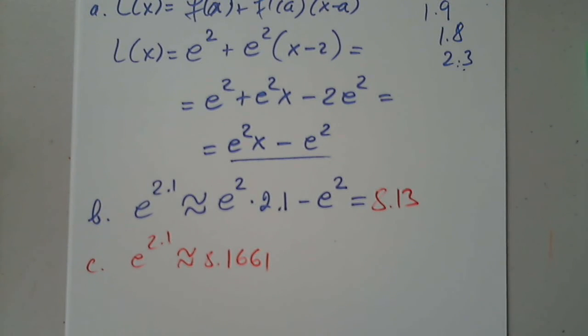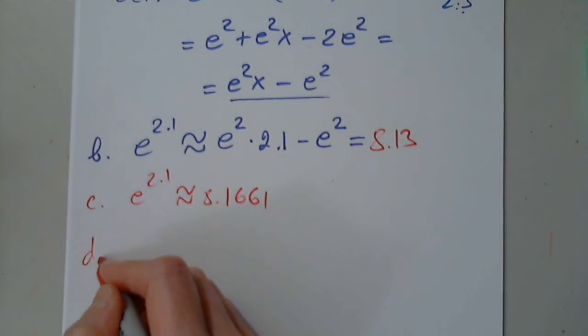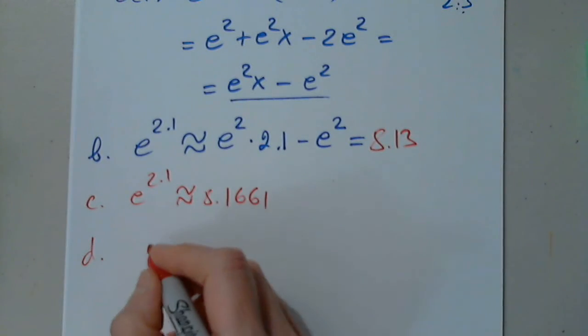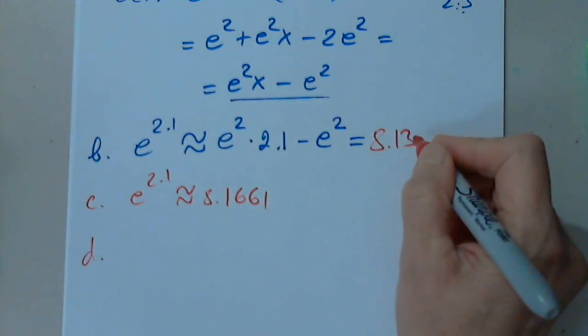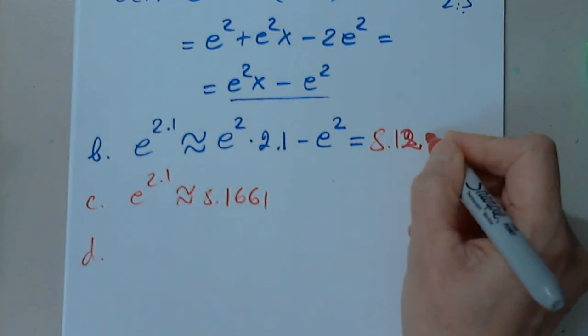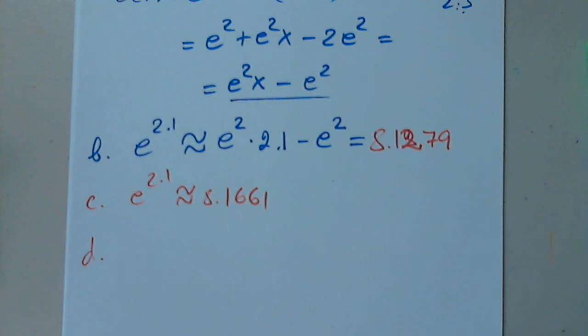Okay, and the last part. What is the difference between these and this? Okay, fine. So in part D, maybe I should copy more digits. 8.1279. Okay, 4 digits in both.